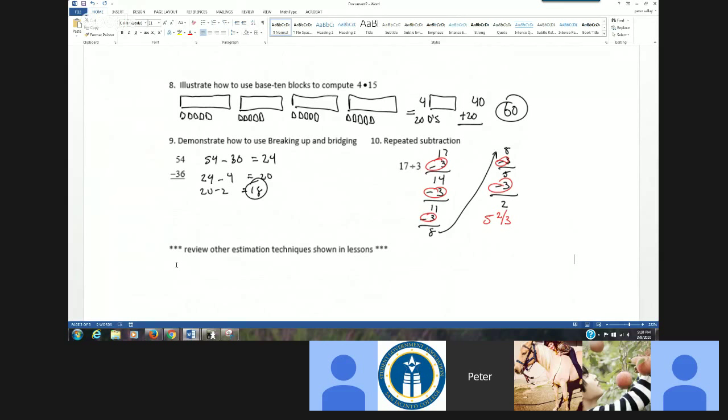So not a lot of questions like that, but there are a couple of cases where I'll want to see a couple of different estimation techniques, and it's not going to be open-ended. It's not going to be, hey, why don't you pick something and show it? I'm going to look for a very specific technique like breaking up and bridging and repeated subtraction.